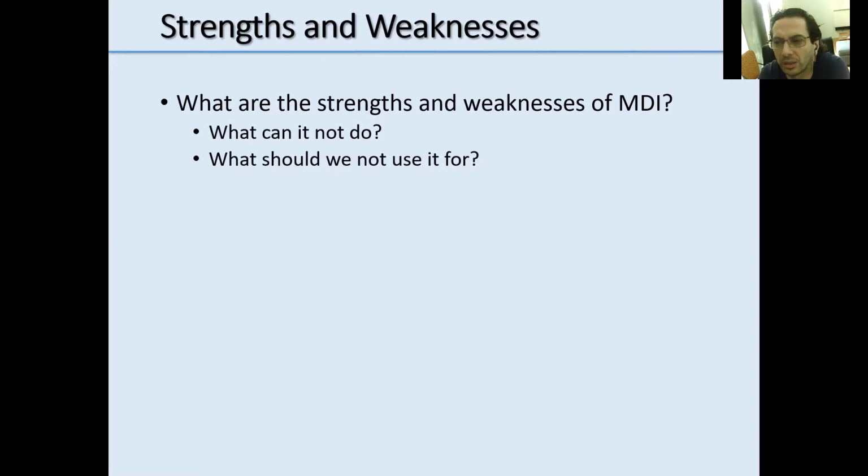I think one thing that I have to mention is that the strengths and weaknesses of an index depend on the methods used in the index. So for example, in our case, we have used a ranking method. That means that we have lost any information related to the range. We cannot measure the difference between areas, but we can know, for example, if one area is worse than another, but we don't know the degree of this change.